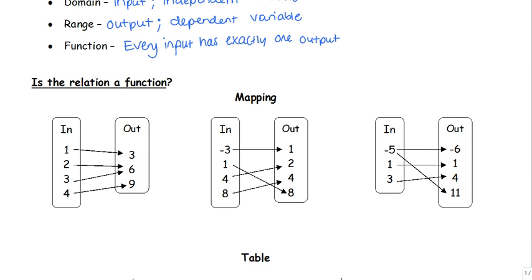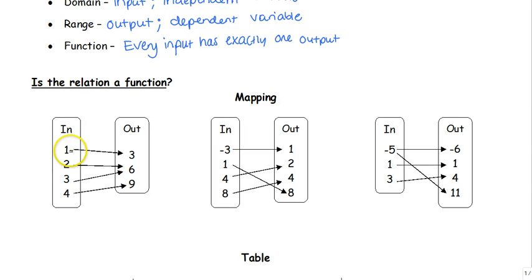If you think about a function, you want to think about a vending machine. And you want to think about, is that vending machine functioning properly? If a vending machine is functioning properly, if you hit, let's say, the Mountain Dew button, you should get a Mountain Dew out of the machine. But it would not be functioning properly if you hit the Pepsi button and got a Mountain Dew.